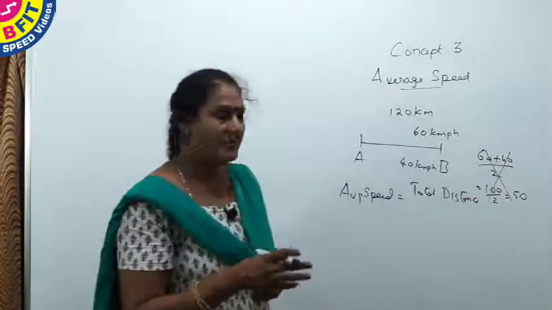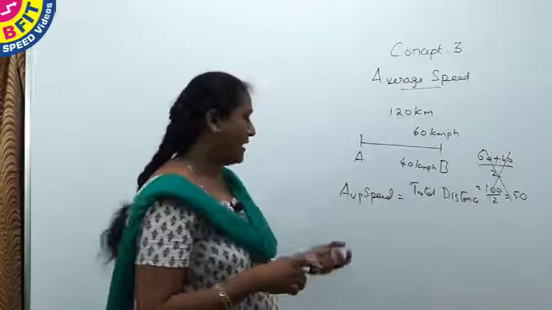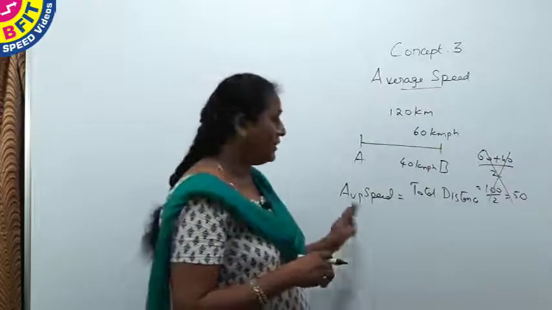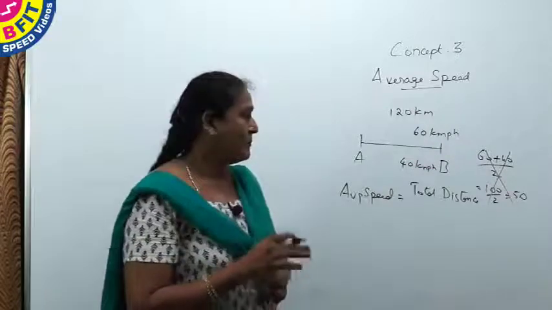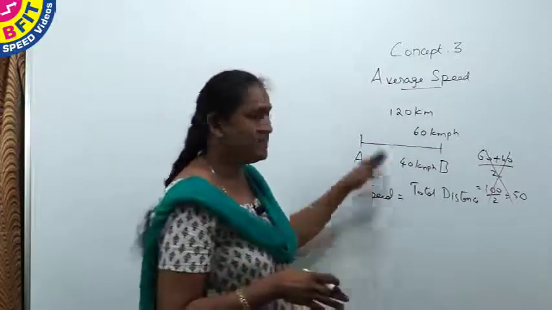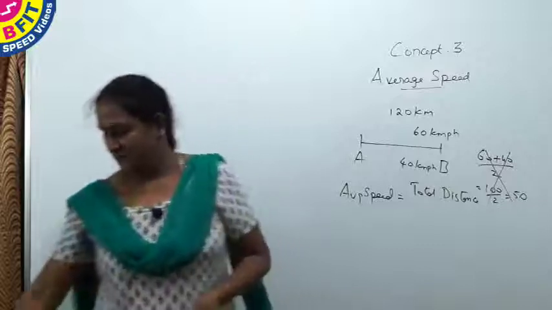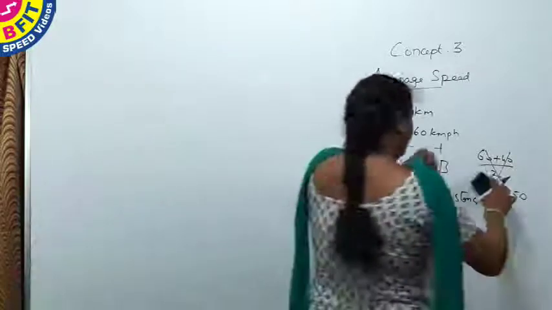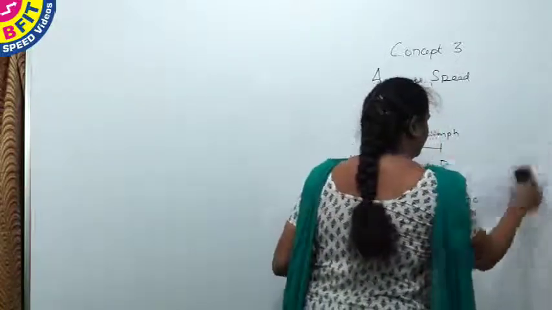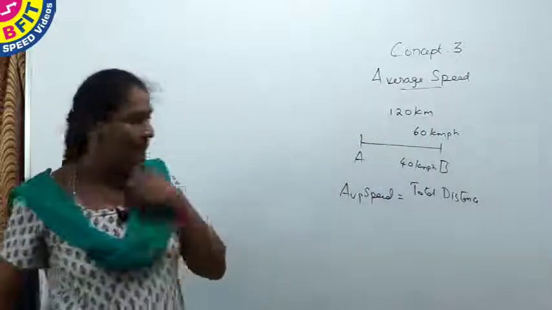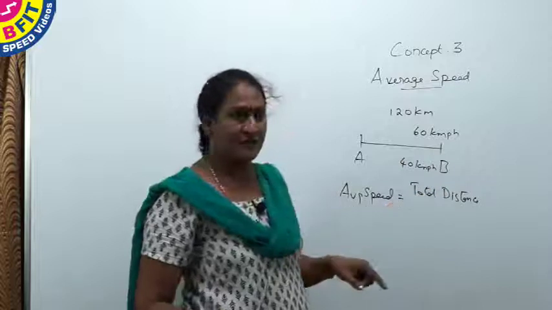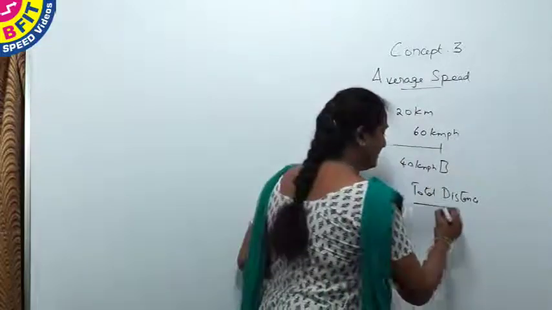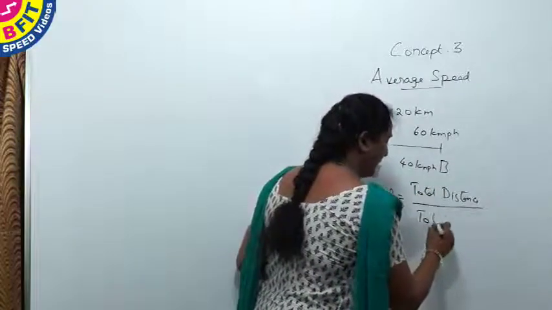When speed is asked, it is distance by time, and when average speed is asked, it is the total distance covered divided by total time taken, but it is not the average of the speeds taken.